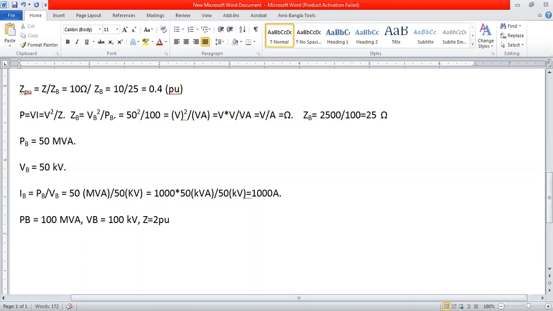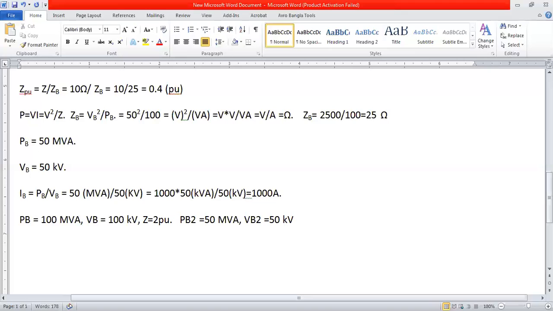Now if the question is that the base values are changed, the power value is changed from 100 to 50 megavolt ampere, and the voltage base is also changed from 100 kV to 50 kV.